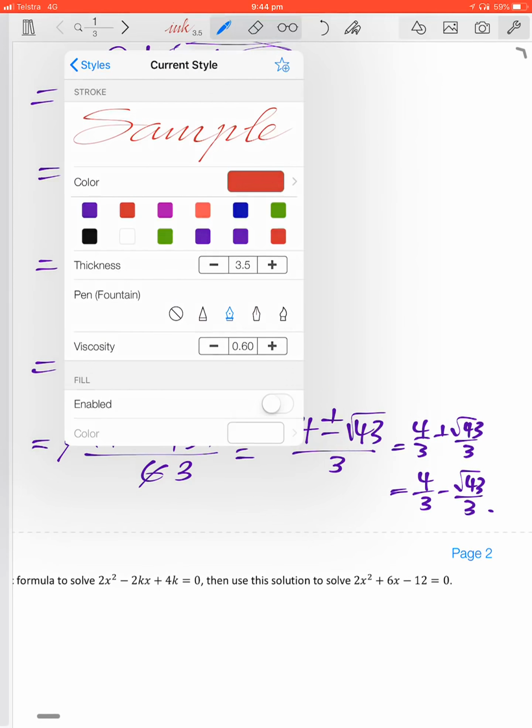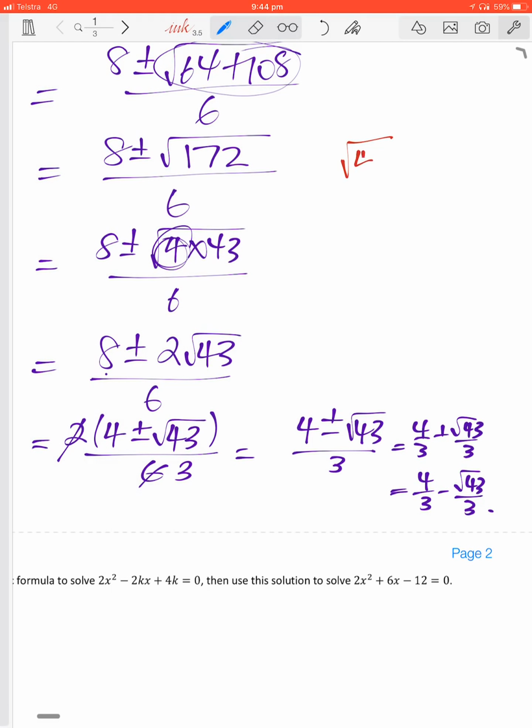Okay, the square root of 43. I know the square root of 36 is 6. The square root of 49 is 7. So I'm going to say the square root of 43 is about 6.5. So we can approximate these values.